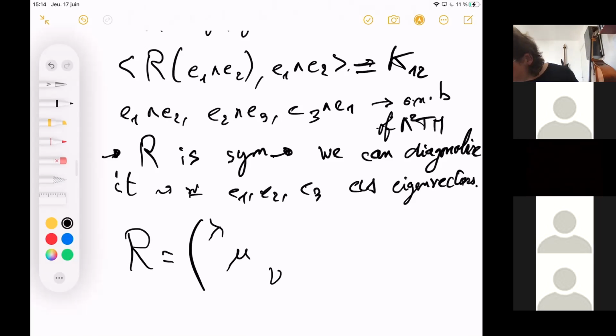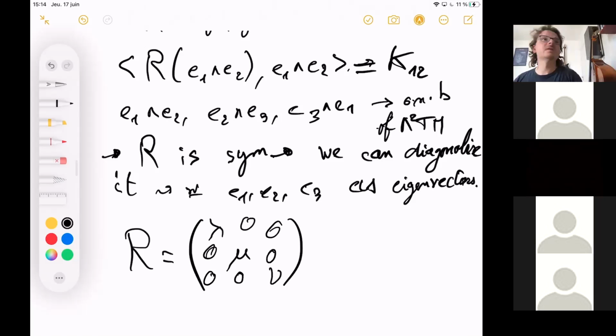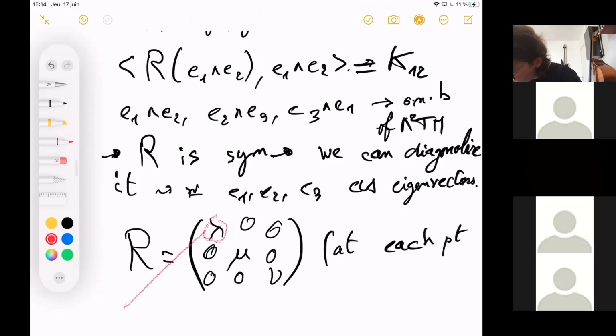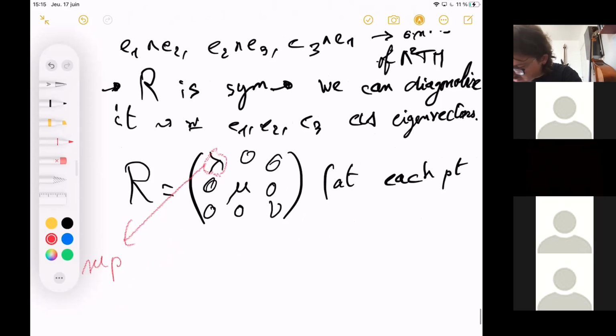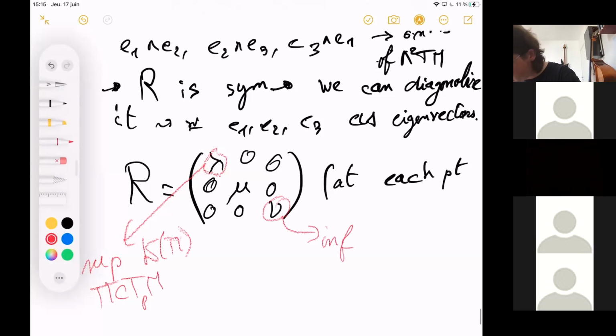At each point, you can assume, for instance, that lambda is the sup over all planes pi in T_pM of the sectional curvature of pi, and nu is the inf.